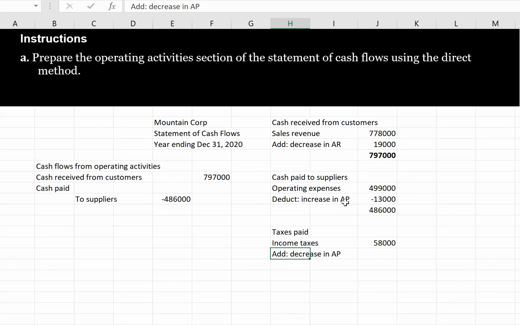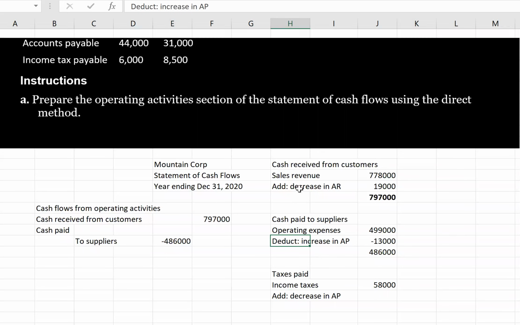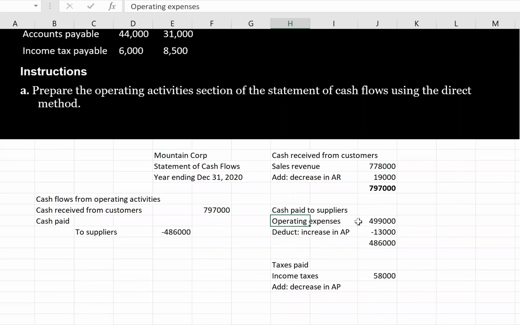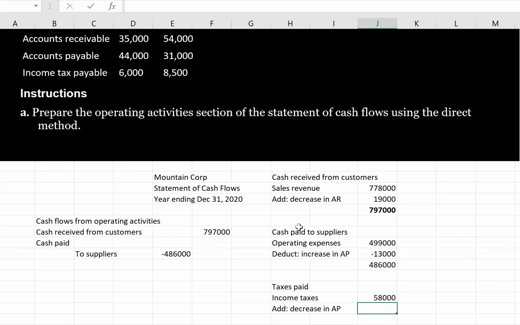So the more income taxes payable that we have, the higher the payable, the less income taxes we actually paid. So here are operating expenses. The more of a payable, the less the operating expenses we have. Here, the more the payable, the less the tax we paid.